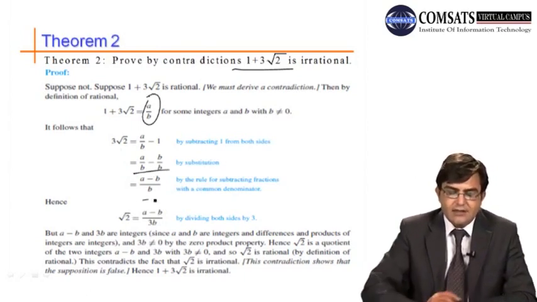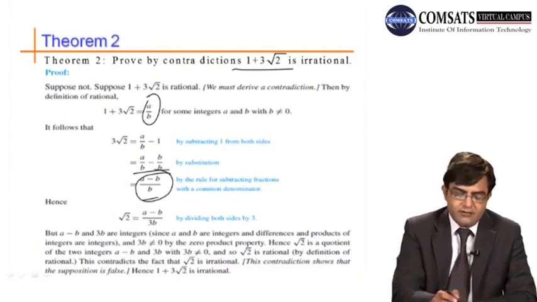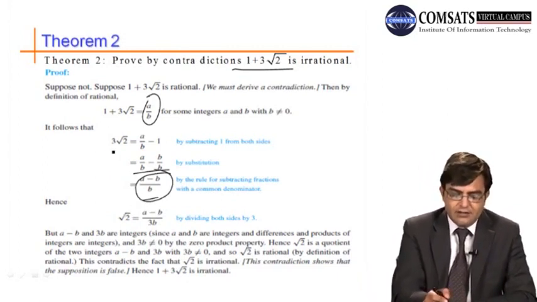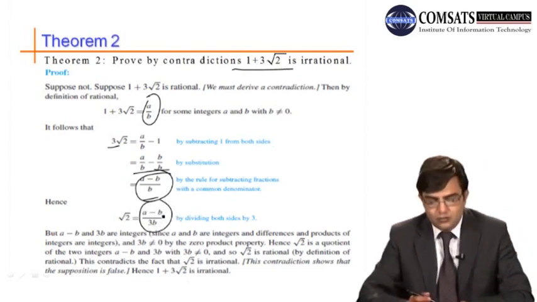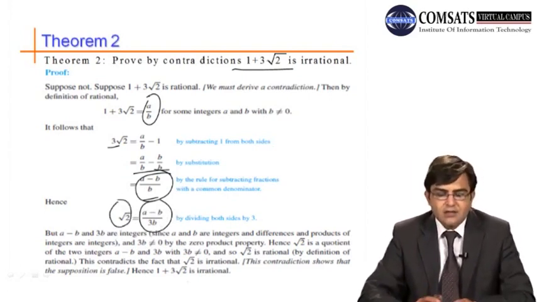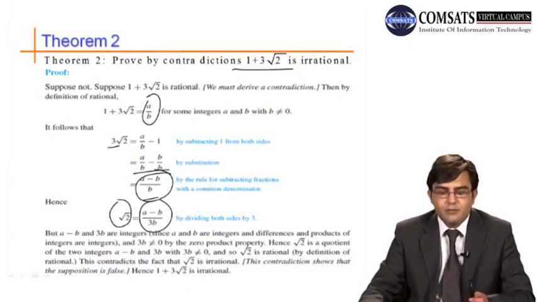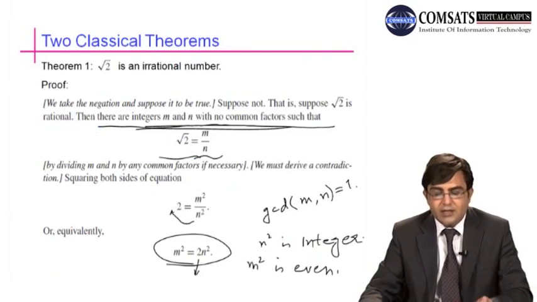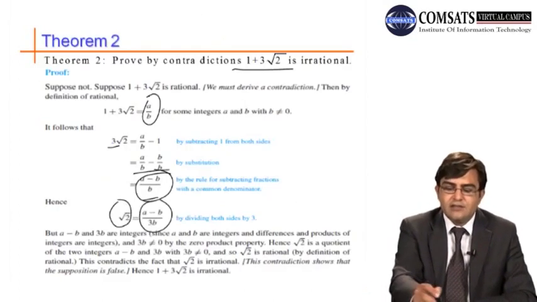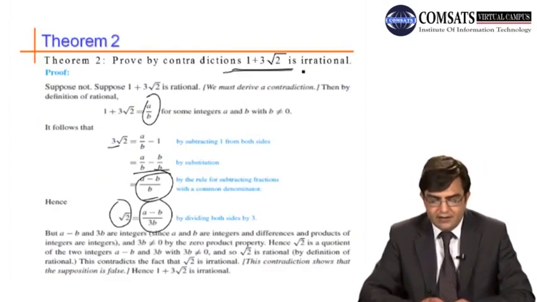Now this is rational, where we divide by 3 on this side, because a is an integer, b is an integer, a minus b will also be an integer, 3 into b is an integer, and we have integer over integer, which is square root 2. It means that square root 2 is rational, which is a contradiction. Because we have already proved that square root 2 is an irrational number, we conclude that this number is an irrational number.